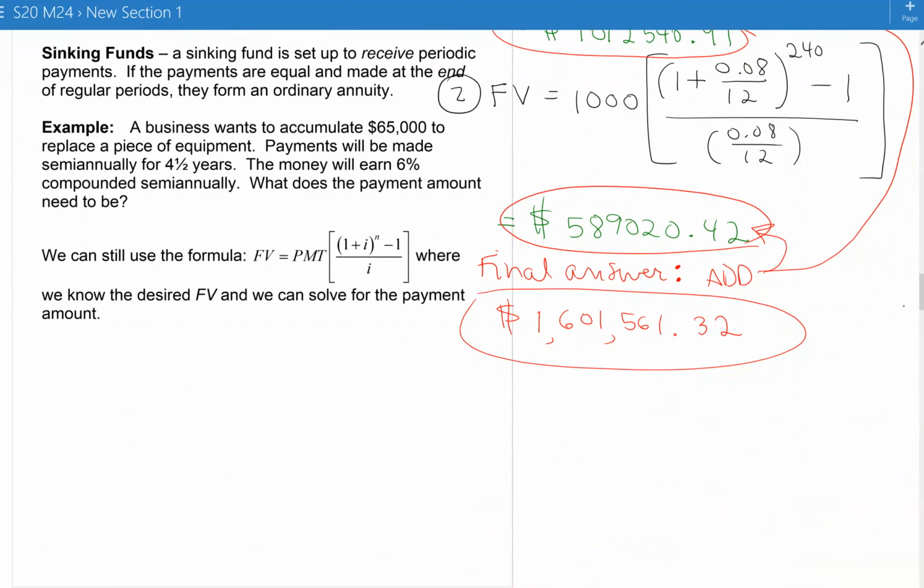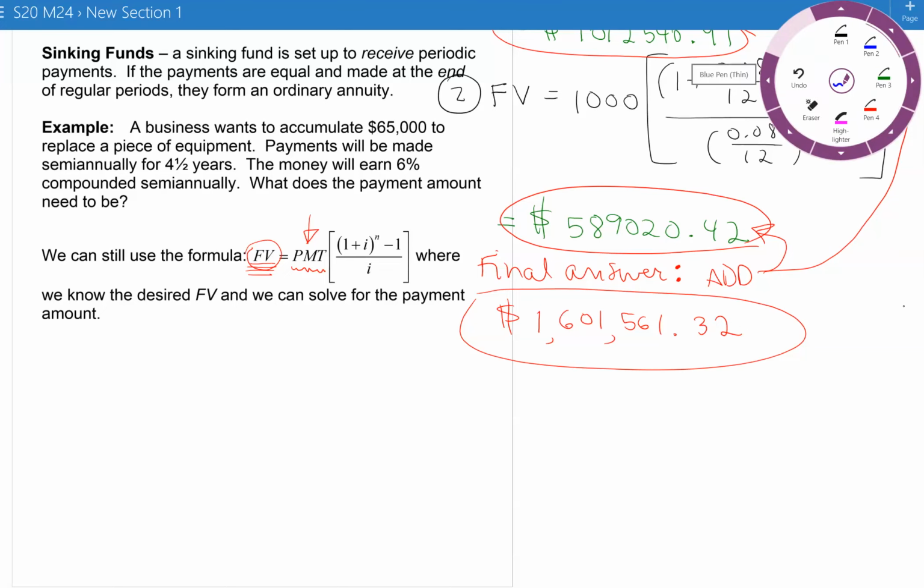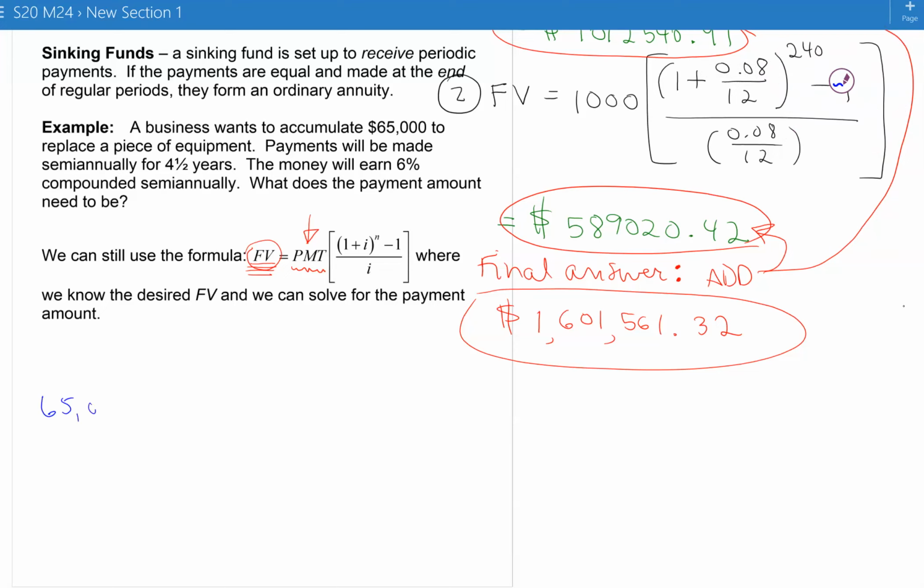Okay, then another way annuities are used is, rather than solving for the future value, if you know the future value you want to accumulate, you can figure out what payment amount you need to make to come up with a certain amount at the end, if you're doing it like an annuity where you're putting the money in at the end of periods. So let's set it up like the annuity calculation, but say I want a future value of 65,000 and I want to solve for what my payment should be.